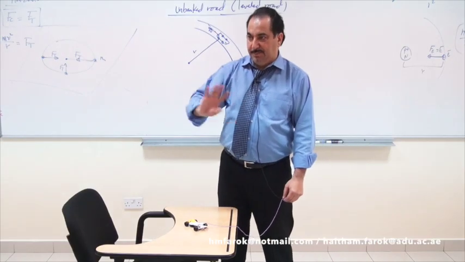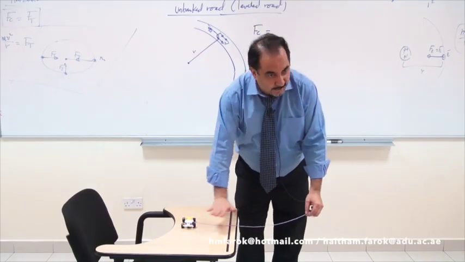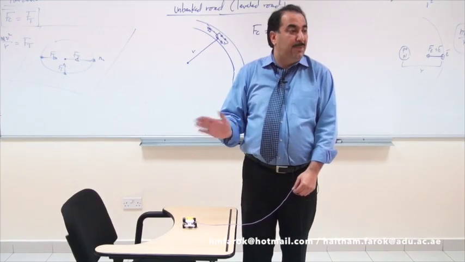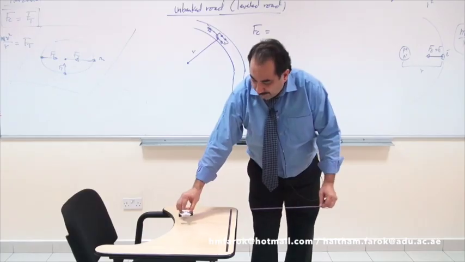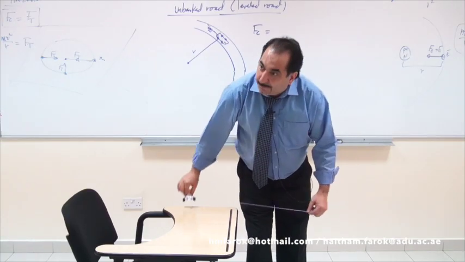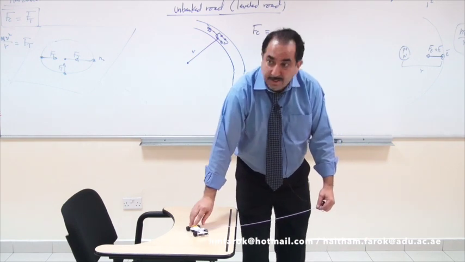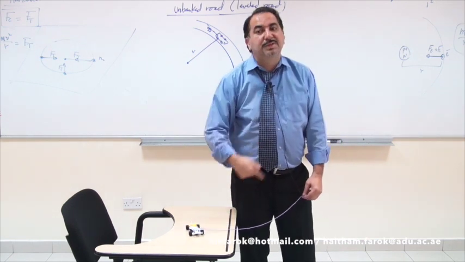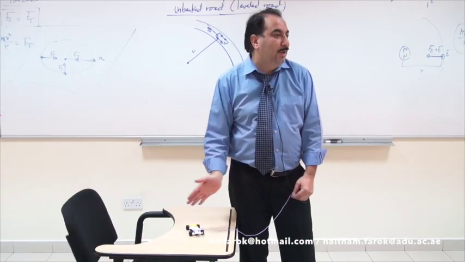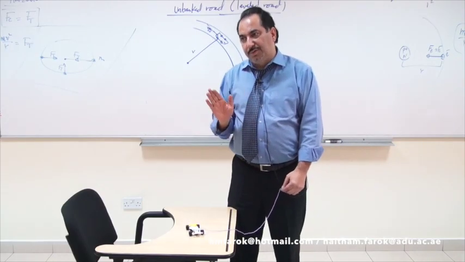So those are out. We need forces in the plane of the circle, yeah? Now, friction usually is opposite to motion, yeah? So, if the car moves this way, where is the friction? This way. Is this direction towards the center? I need a force towards the center. If you don't give me a force towards the center, I cannot turn the car. What makes, no, it's not. Acceleration is related to a force.